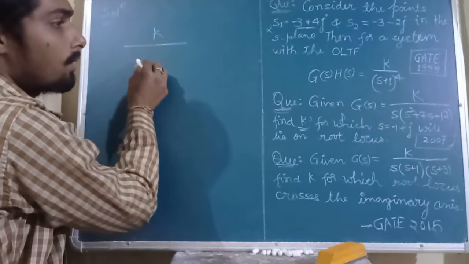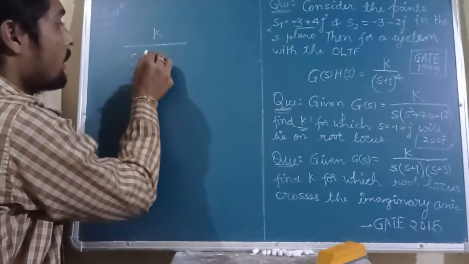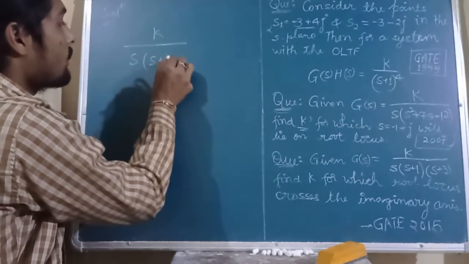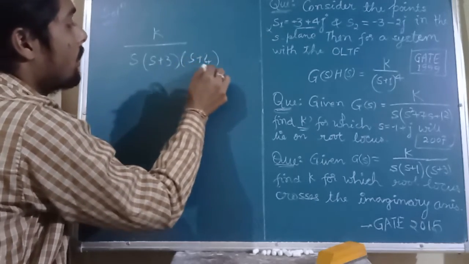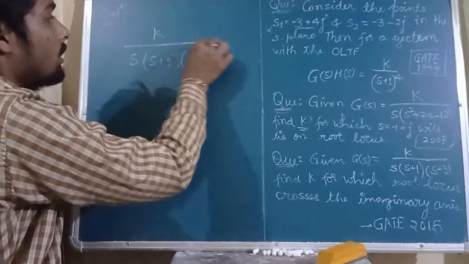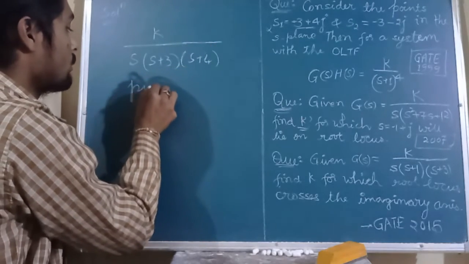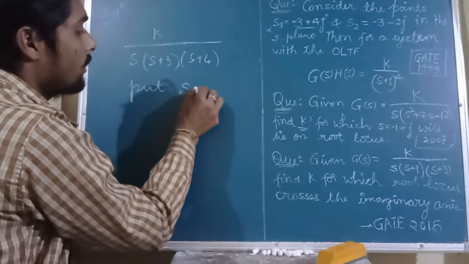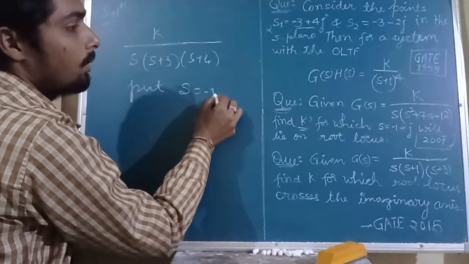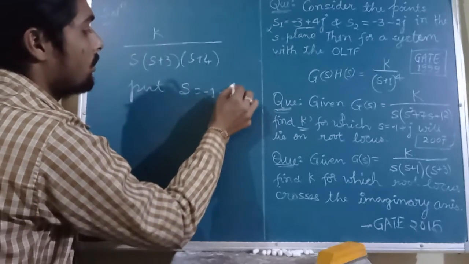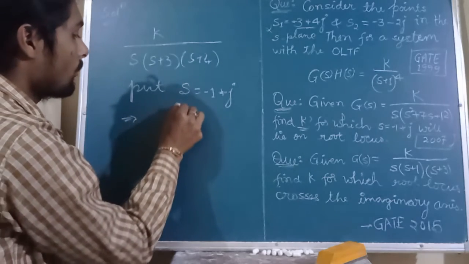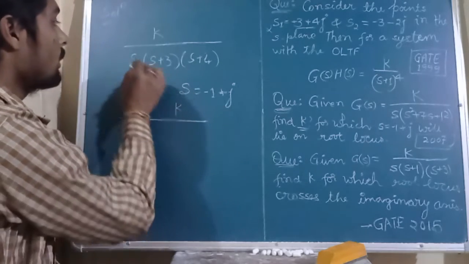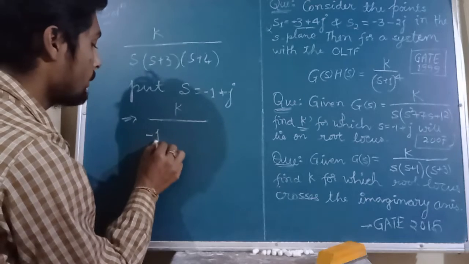Open loop transfer function K upon S, S plus 3 and S plus 4. This is the equivalent of this point. Now put S equal to minus 1 plus J. What we are gonna get here? K upon S. The same point will be there.